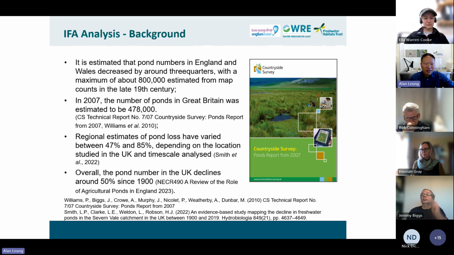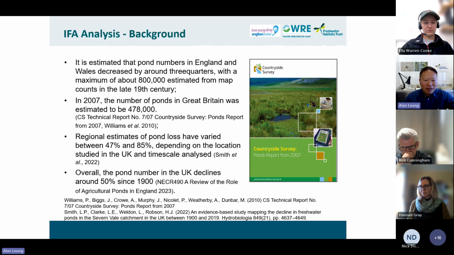According to the latest review on the roles of agricultural ponds, about 50% of the ponds have gone in the UK in terms of numbers. But of course, ponds can be lost or recreated. So obviously we can create some more ponds that can create more habitats.